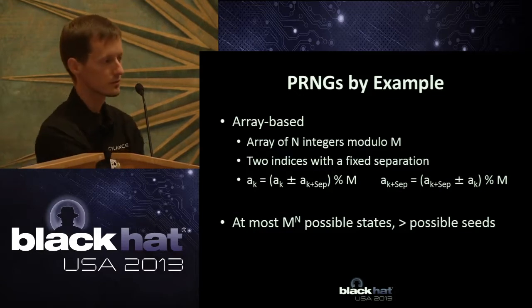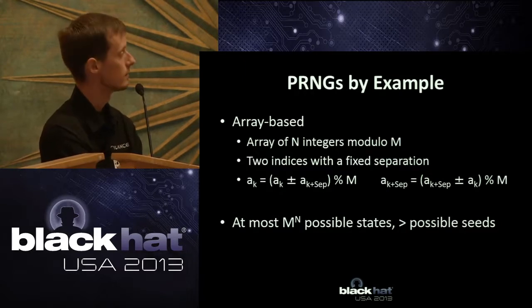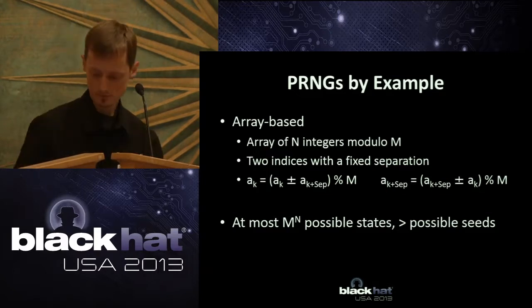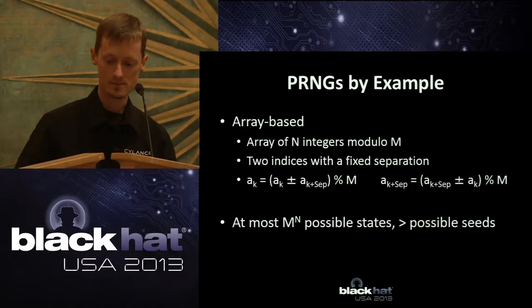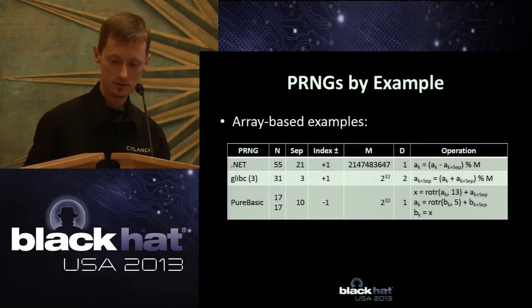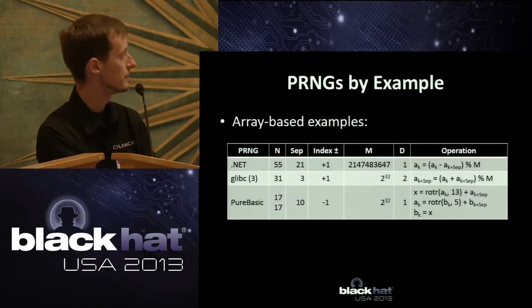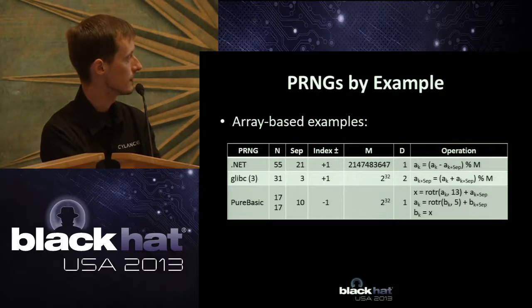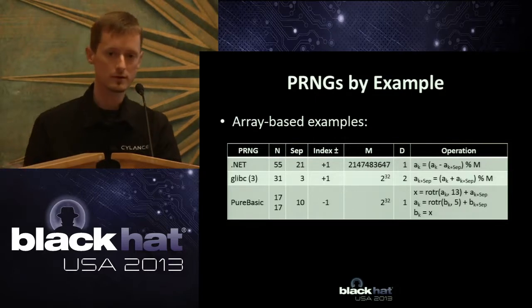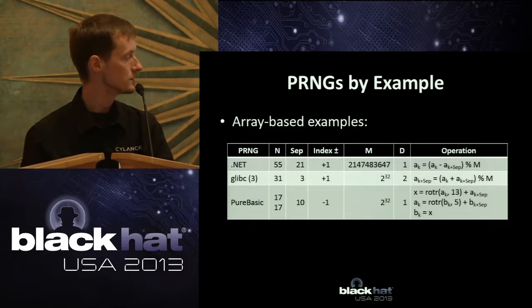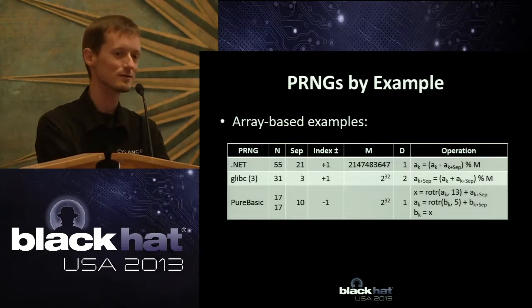So these are the 3 most important parameters of these array-based PRNGs. The number of integers, the size of the array, the modulus, and then the separation. And those totally affect its behavior. So here's just a little summary. .NET, array of 55, they took it, I think, from The Art of Computer Programming or some old book, except they changed a few of the parameters and might have fat-fingered the separation.